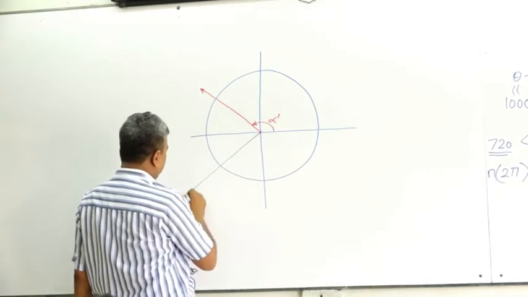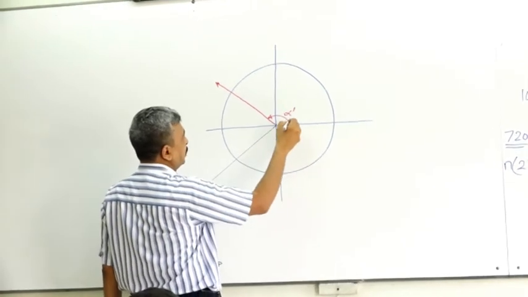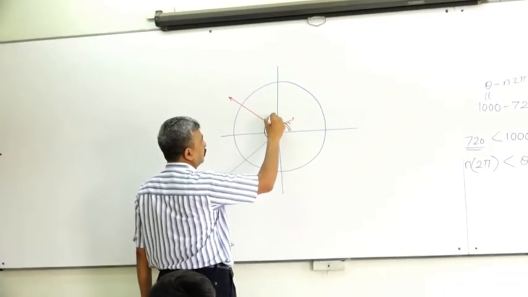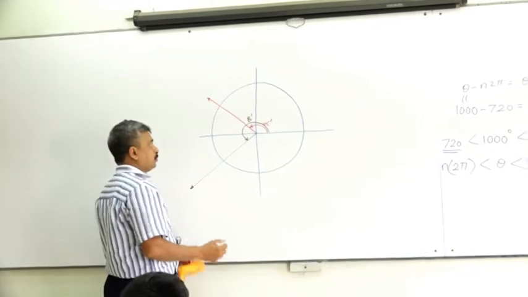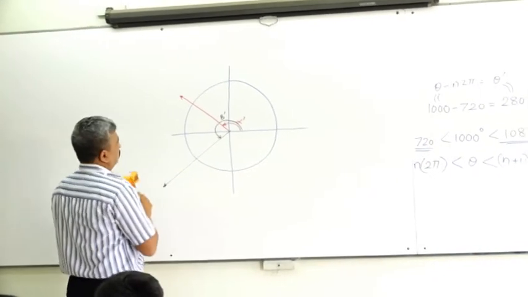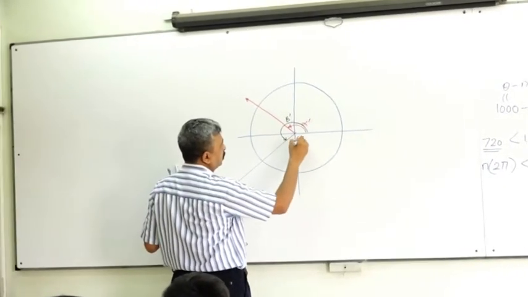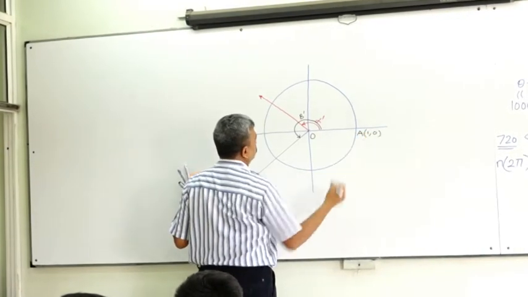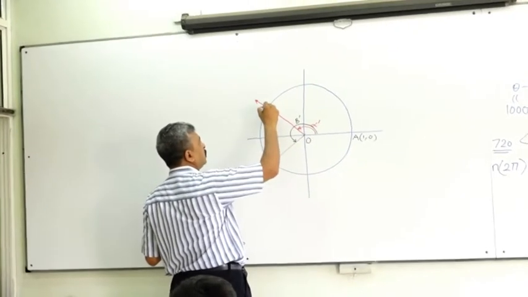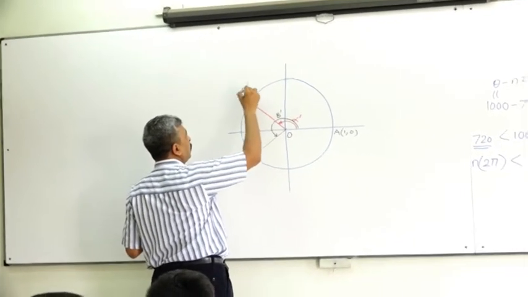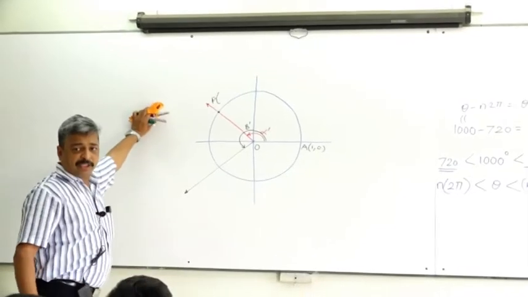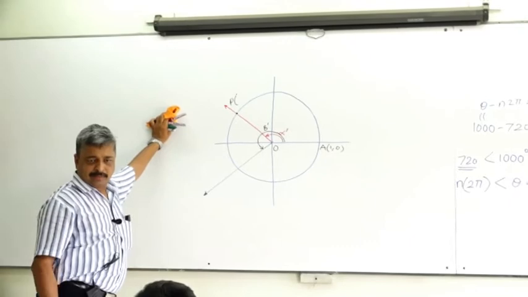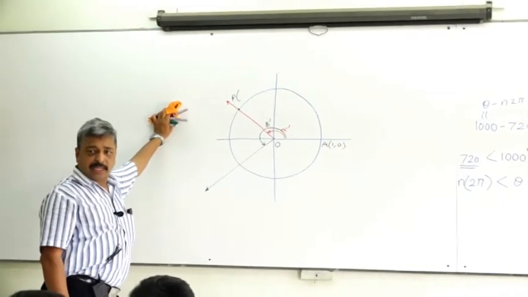Now suppose this is my beta dash. Now let us give names to this. This is the origin, this is A, the point (1, 0). Now this is my P. P is supposed to be (x, y), but we said x is cos theta and y is sin theta.